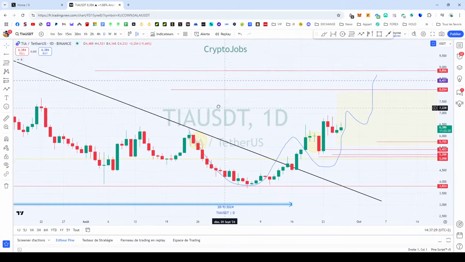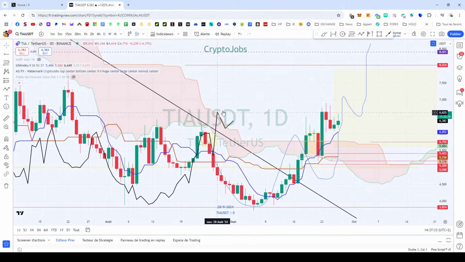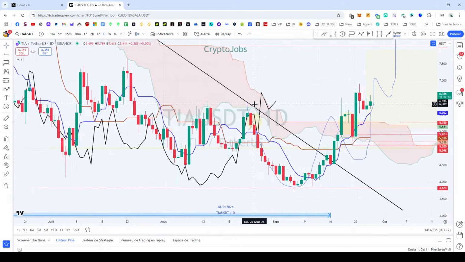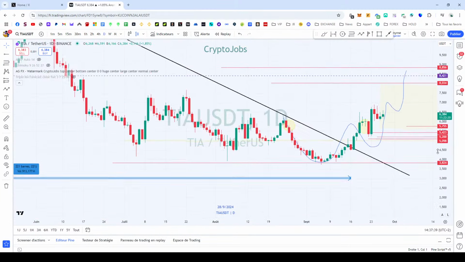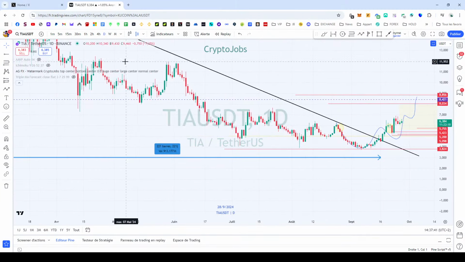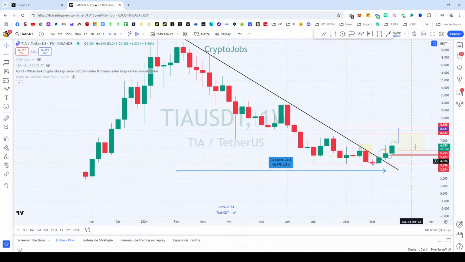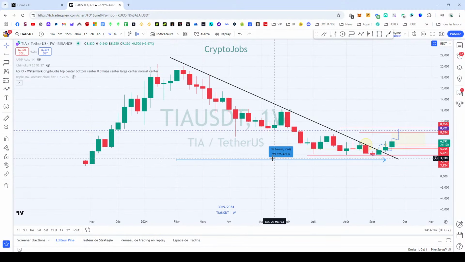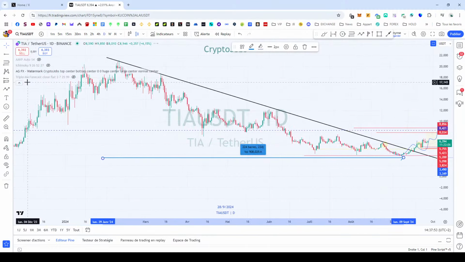So Celestia, I shared it a few days ago. As you can see, it broke. If I dezoom on Ichimoku, Celestia, let's go on the weekly time frame. As you can see, that was a 32 weeks downtrend that has been broken.